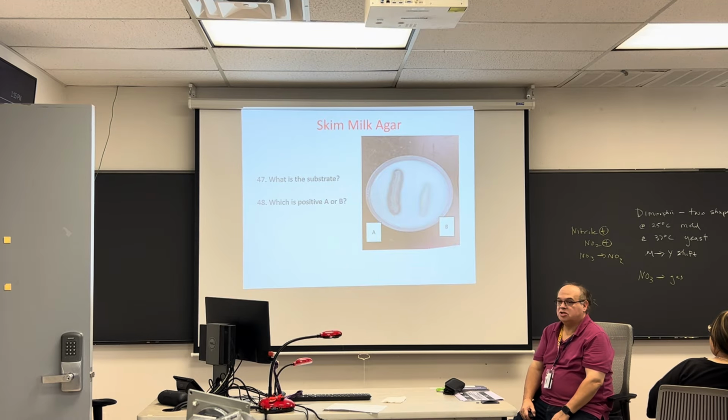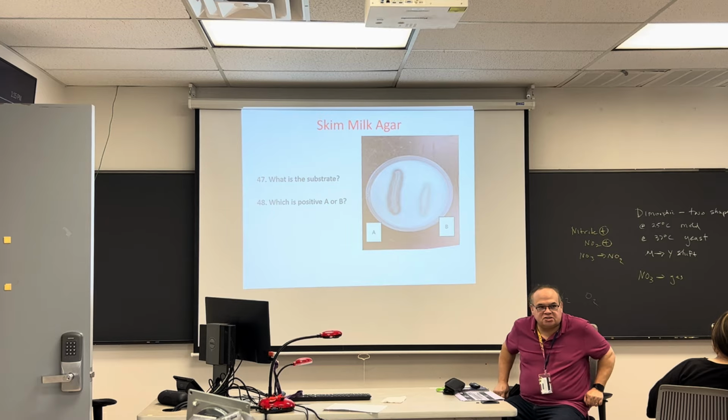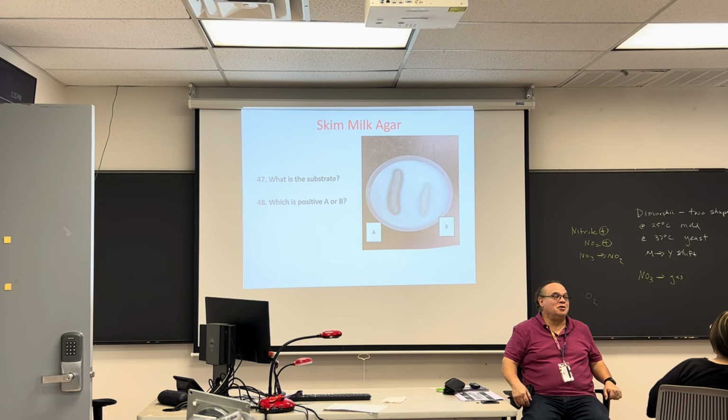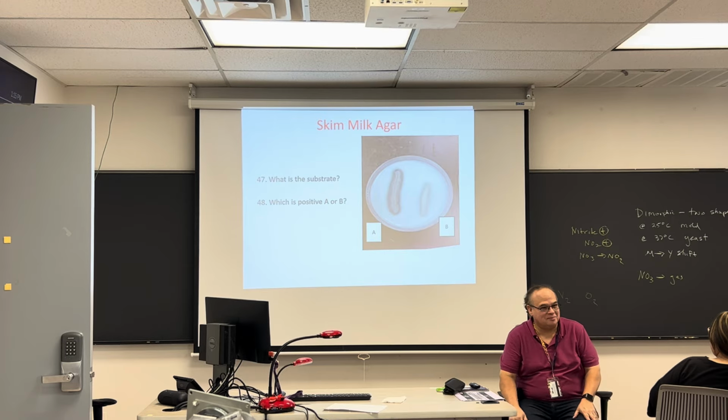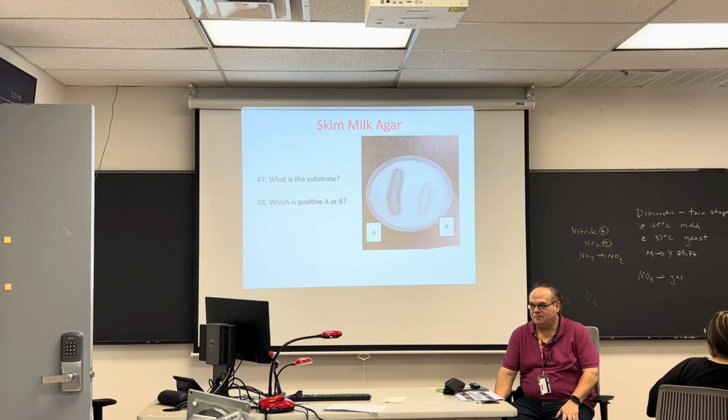So, what's the substrate? Casein. You can't say skim milk, because skim milk also has lactose in it, and we're looking specifically for the enzyme that breaks down casein. And which one is positive, A or B? A. B is a little bit positive also, but A is really positive.